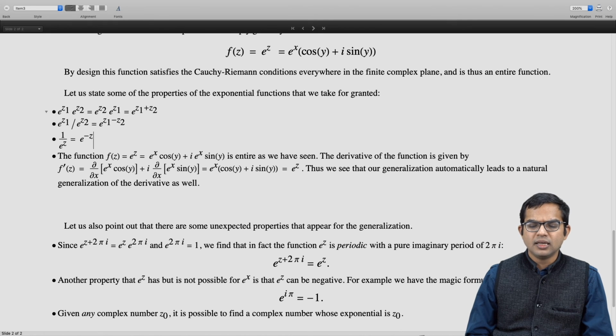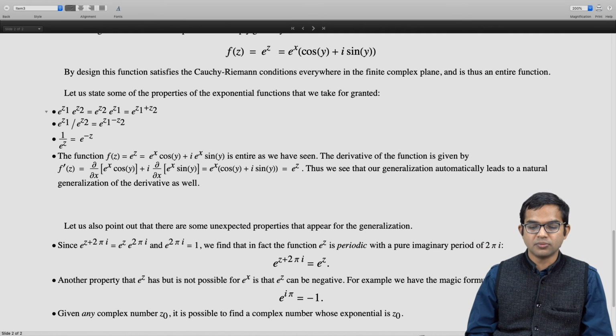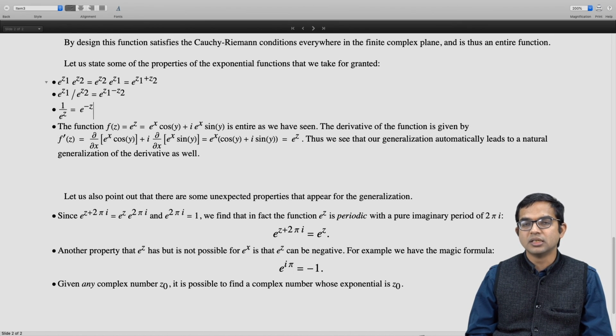Also, in fact, you can find a complex number such that e to the power of that number is whatever complex number you want, not just negative one. Given any complex number z0, it's possible to find a complex number whose exponential is z0.